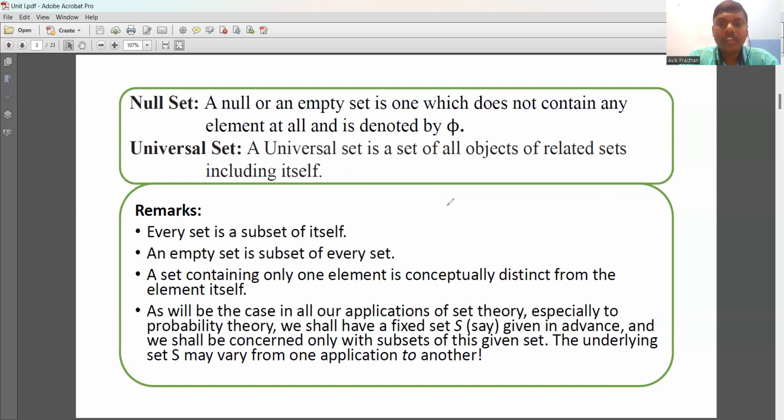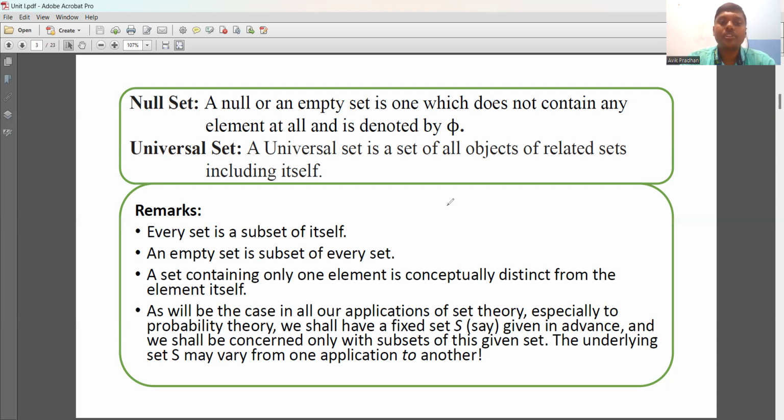And universal set means the set which contains all the objects related to the set, including itself. So universal set is like, if I think about the number system, the real numbers are a universal set, and in that case, if I take any set like A equal to {1, 2, 3, 4, 5, 6}, it is a subset of the universal set.